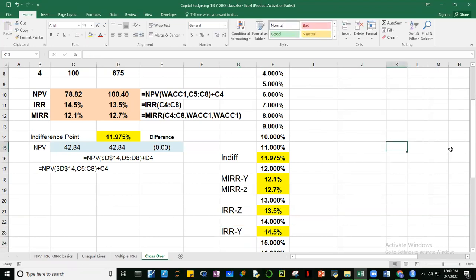All right. So what we have done was to insert these relevant points: indifference, MIRR Y, MIRR Z. Pero actually, ang pinaka-importante lang dyan yung indifference, pati yung dalawang IRRs. But anyway, pinasok pa rin natin si MIRR.